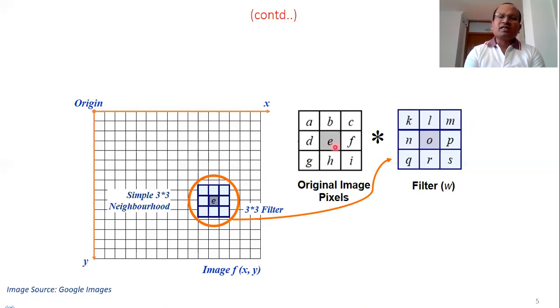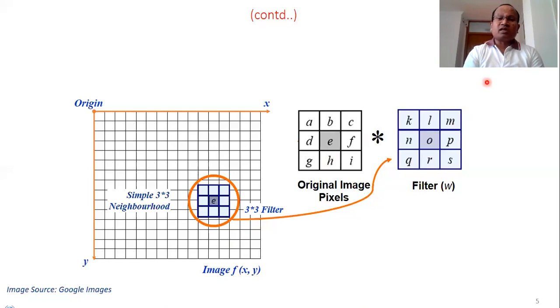If we choose these K, L, M, and O, P higher than 1, then what will happen? The original grayscale values will become greater, so they will become brighter than what they look like in the original image. So that's a filter, that's a mask. We can say it is a filter, or we can say it is a mask.